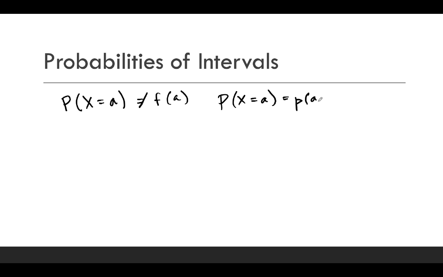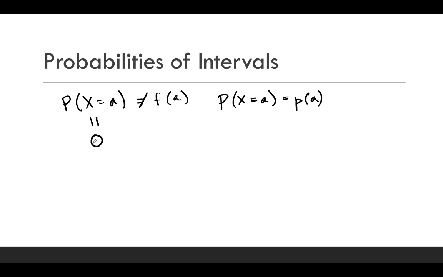This little p of a, this discrete probability mass function instead of density function, does work like that. However, when we're using these continuous ones, the probability of x actually equaling a is always equal to 0, because any exact value is going to have 0 probability.